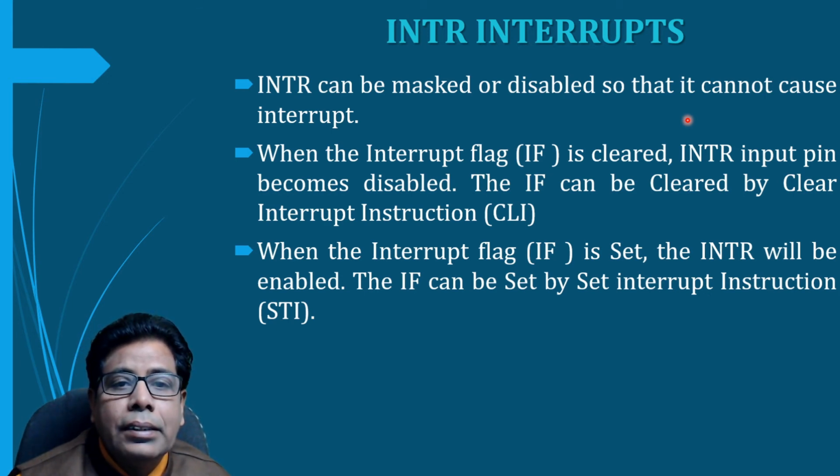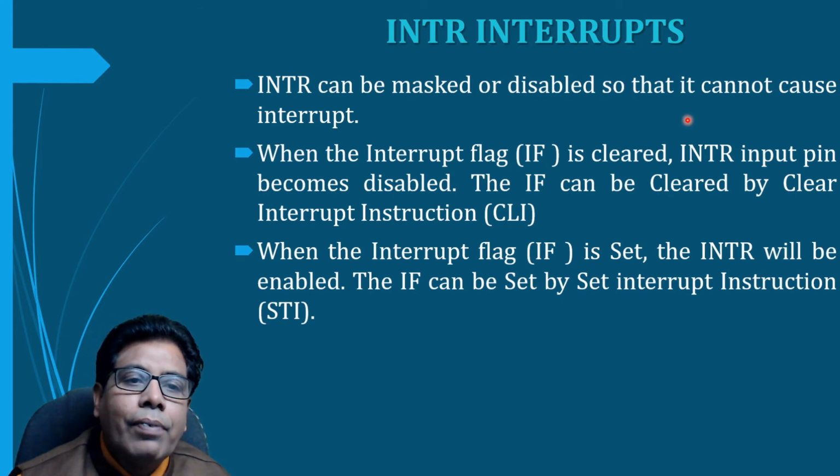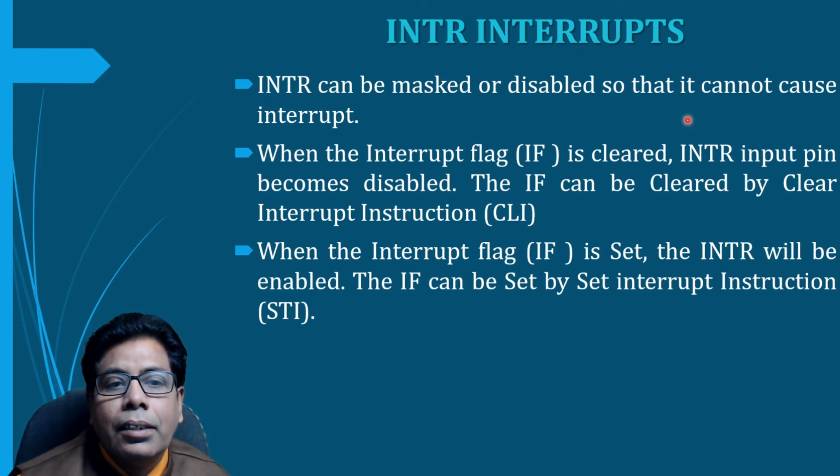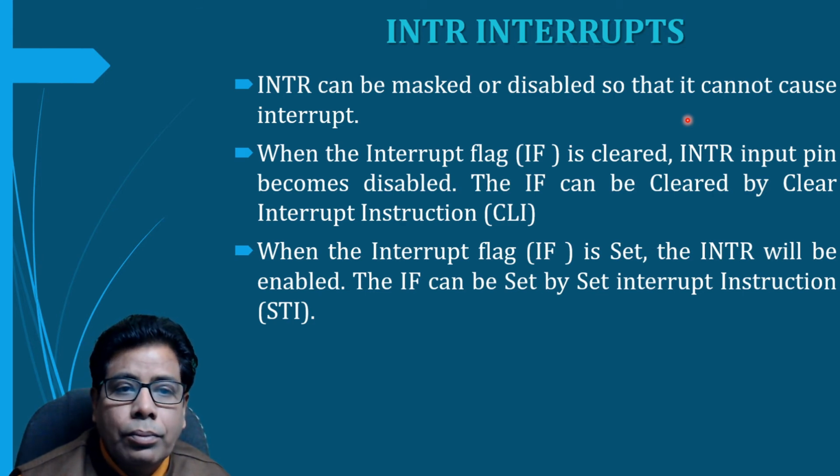Now how is it masked? When the interrupt flag is cleared, cleared means it is made 0, at that time the INTR pin becomes disabled. Now, how to clear the IF flag, or interrupt flag?